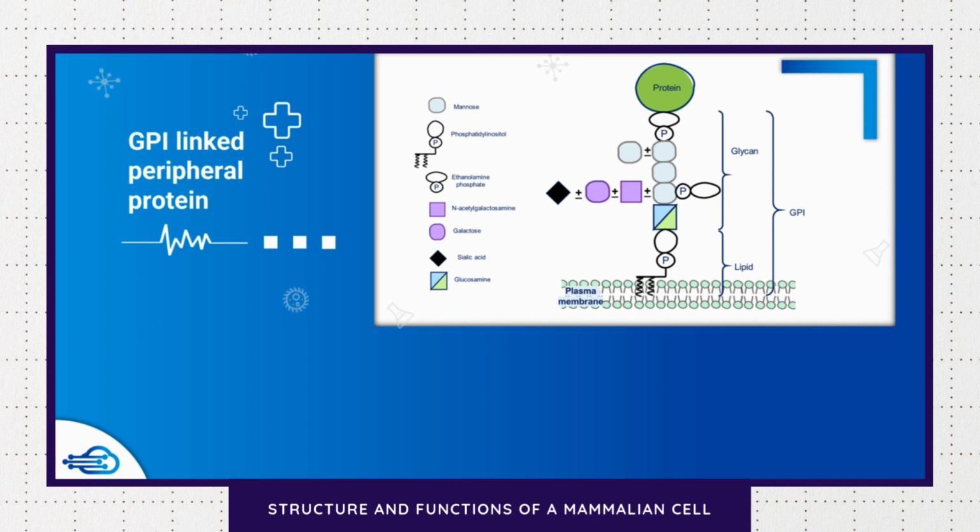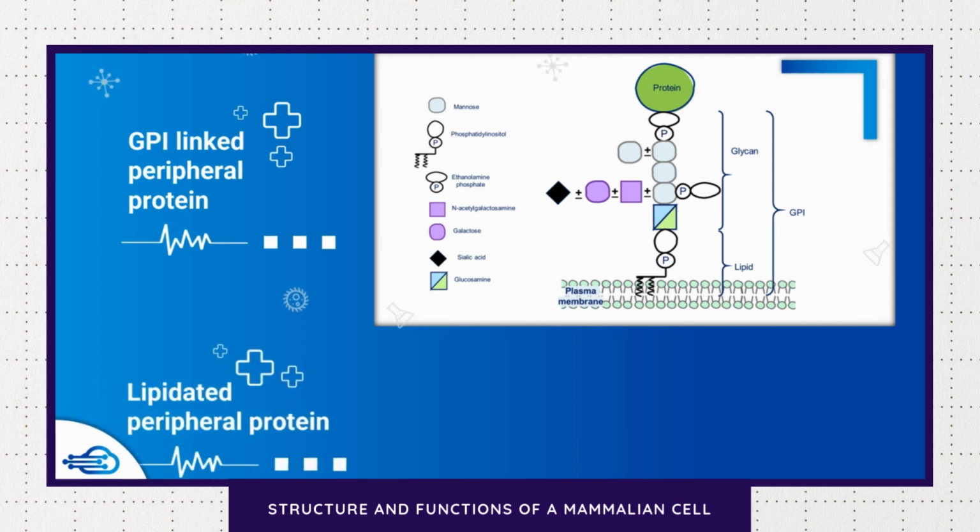What is there is phosphatidylinositol, which is glycated. So that is glycosyl phosphatidylinositol. And then there is this protein, so this is acting as an anchor by which our protein is attached on the surface of the membrane. Surface can be outside also and surface can be inside also, but it is not traveling through the membrane. It is on the surface of the membrane.